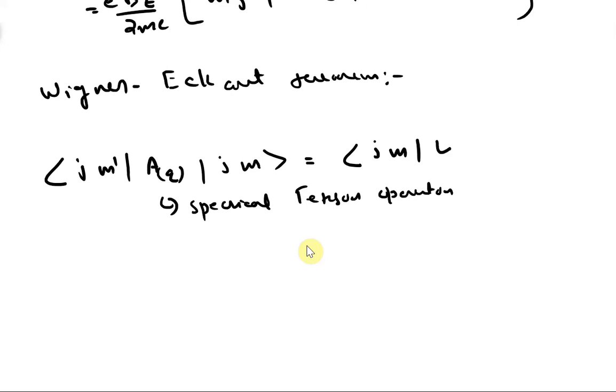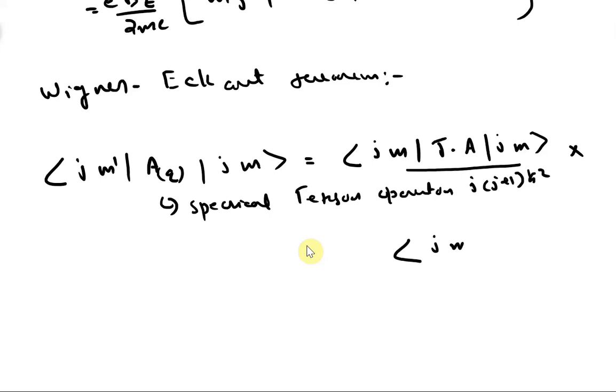<J M| J·A |J M> for whichever operator it is, and not just one of the operators but that entire tensor, J·A on J M. It will have J(J+1)ħ² in the denominator, multiplied, not plus, with another component, which is <J M'|A_q|J M>.